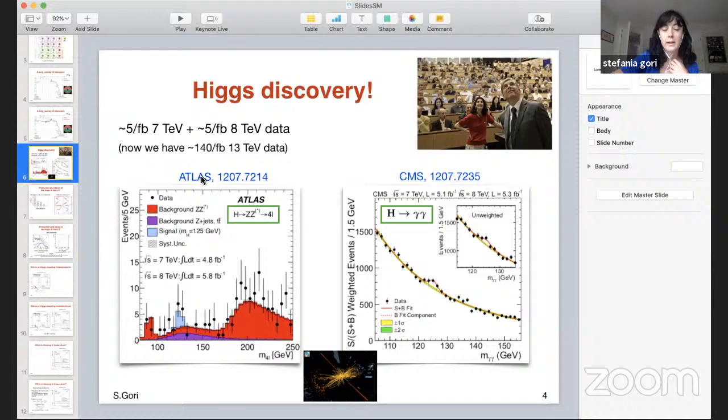One for the Higgs decaying to 2 Z bosons and 4 leptons in the final state. We'll discuss a little bit the phenomenology of the Higgs, so we'll understand better why the Higgs decays in this manner. What you see in this plot are really data points. And the invariant mass of the 4 leptons should give us the mass of the Higgs boson that was unknown before the Higgs boson discovery.